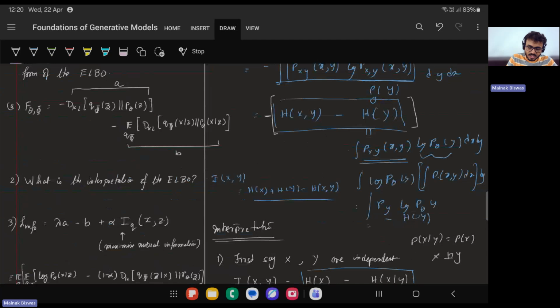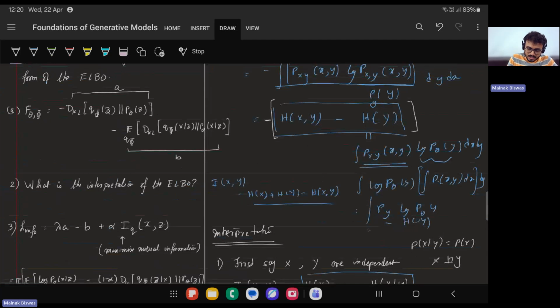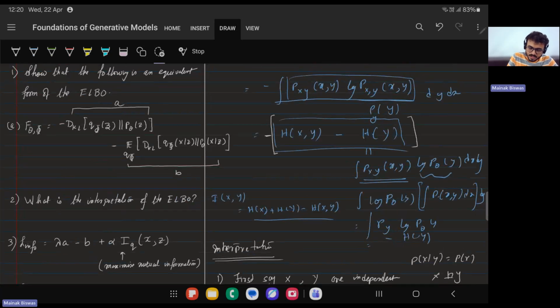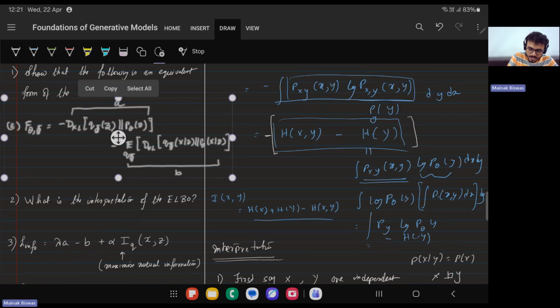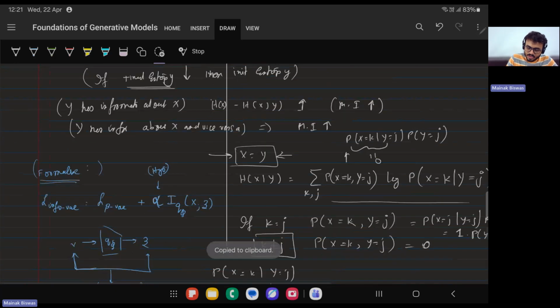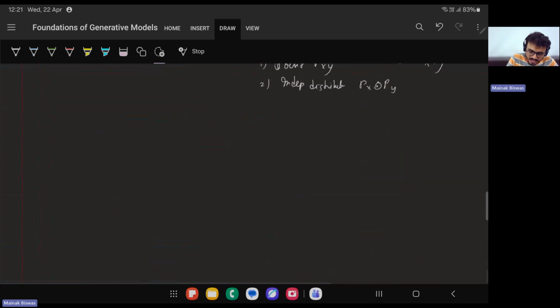Let us first do the first part of this. Instead of just writing the original VAE form, we will do another trick first. We'll do this trick before we write down any other form. So we'll say that the info-VAE says that the ELBO has this form.